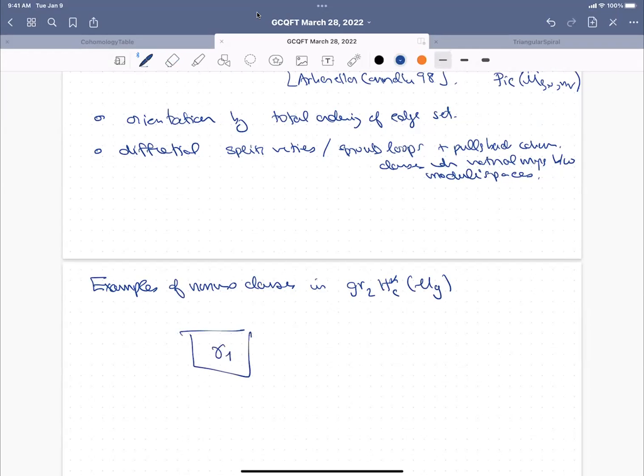Let's say we have gamma 1 in weight 0 compactly supported cohomology of M_g1, and then we have gamma 2 in weight 0 compactly supported cohomology of M_g2. And then what we do is we can draw an edge joining these two in every possible way.